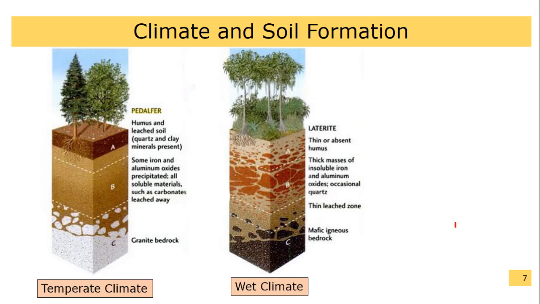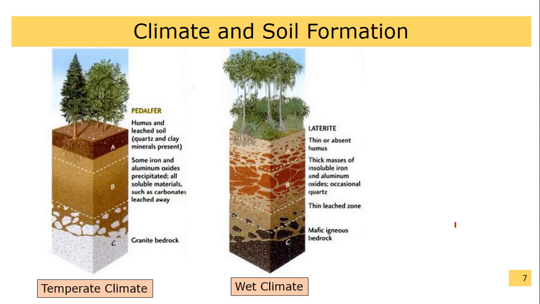In wet climates, so much rainwater percolates down into the ground that all reactive minerals in the soil undergo chemical weathering. This results in producing ions and clay that migrate downward, leaving behind less soluble materials like aluminum and iron oxide, and occasional quartz in the B horizon.